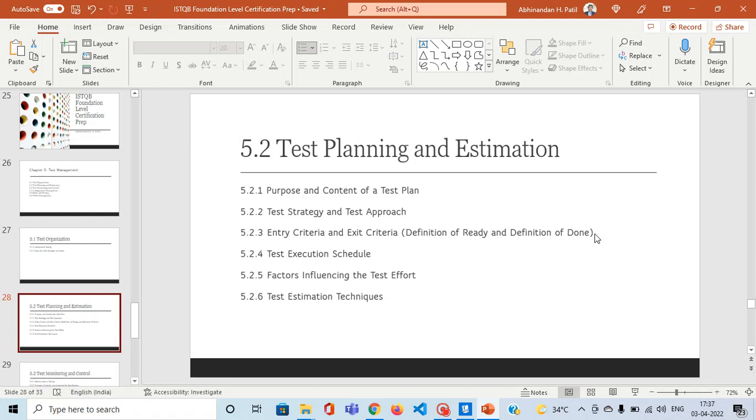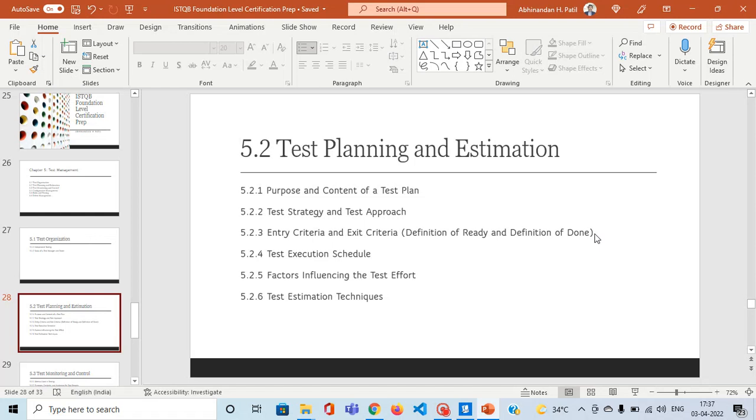Output of one level is input of the next one. So if it is sequential, generally the exit criteria of one stage is the entry criteria for another. And then availability of the test environment, you also check whether the test environment needed for the test execution is available or not.